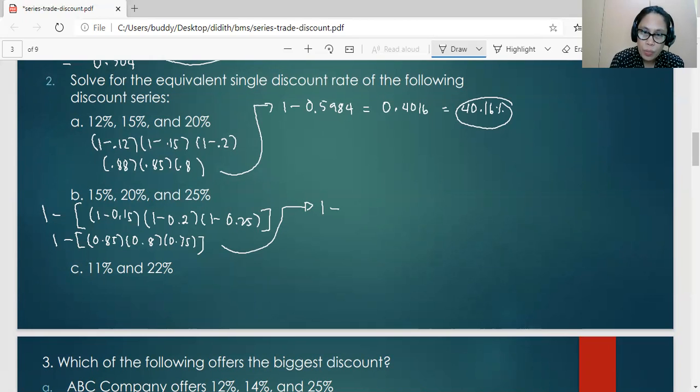It's 1 minus 0.51. So we have 0.49 here, which is equal to 49%.